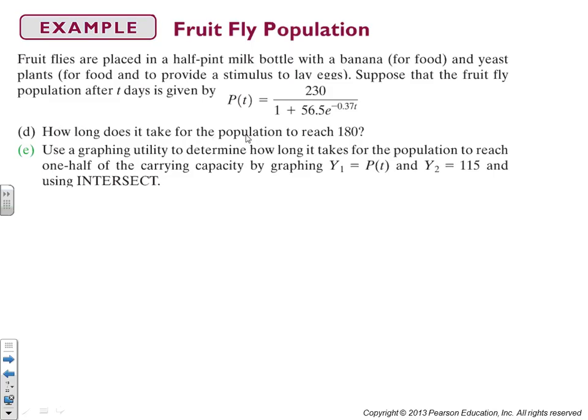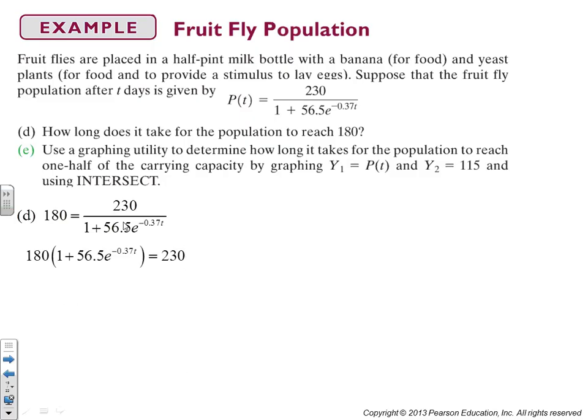How long does it take for the population to reach 180? So we're going to set this equal to 180. There are a couple different ways we can solve for this. I would probably put 180 over 1 and cross multiply. That would be my initial.